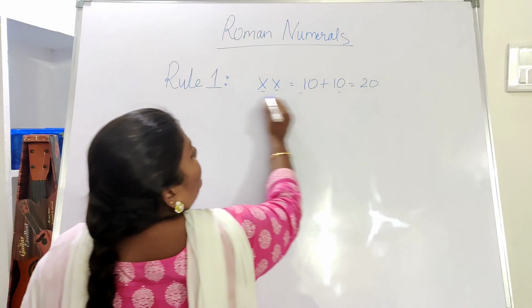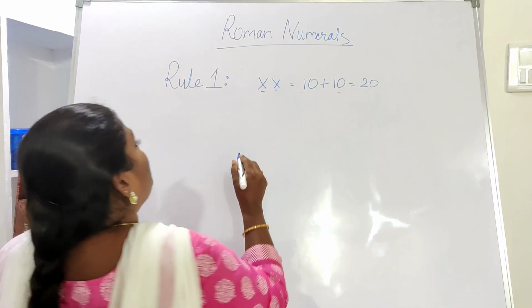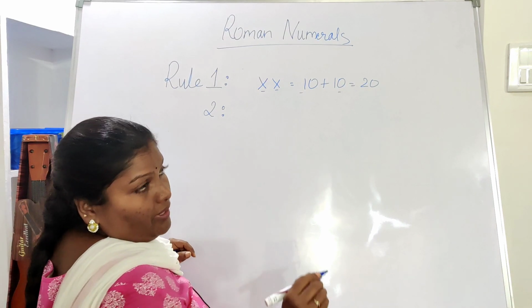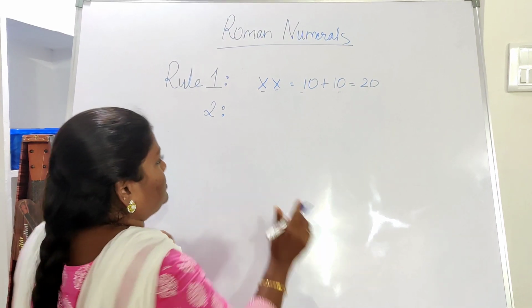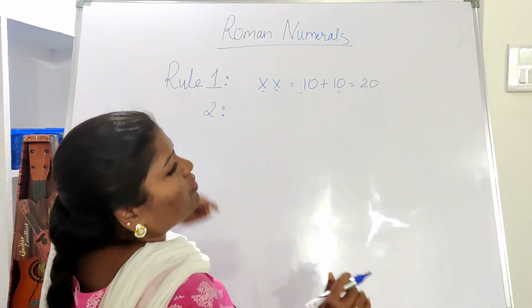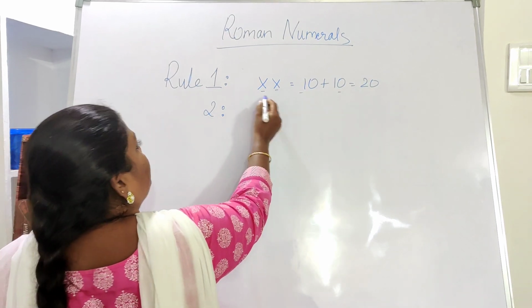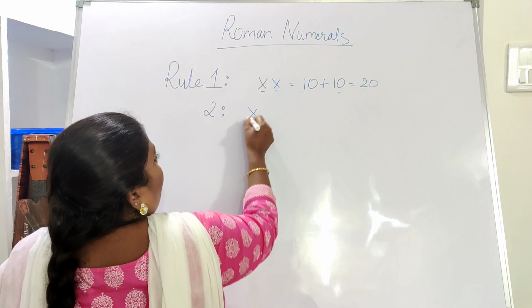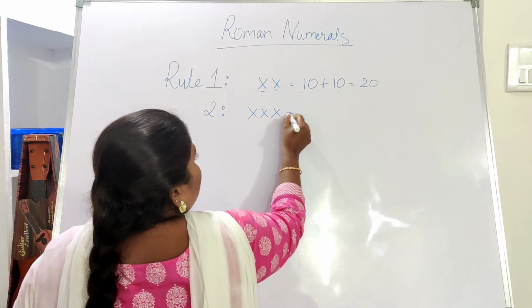So this is rule number 1, and rule number 2 is any symbol cannot be repeated more than 3 times. So the maximum number of times a symbol can repeat is only 3 times. For example, XXX.